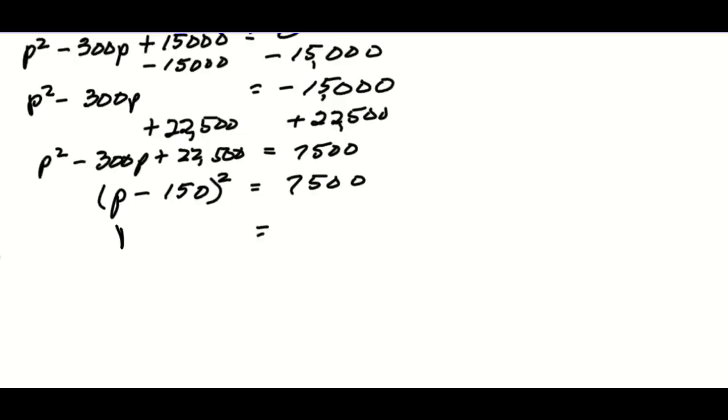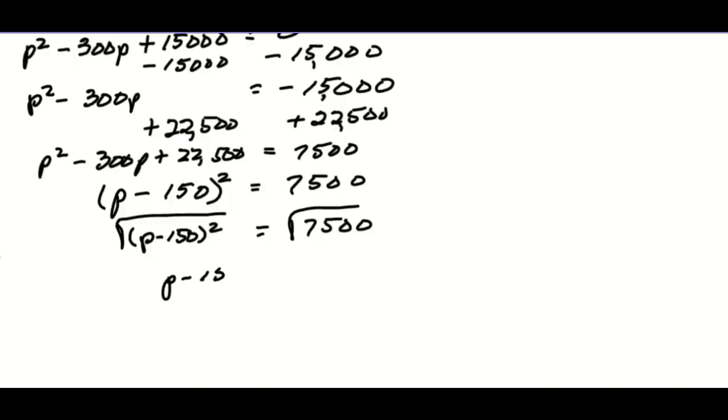This then, we take the square root of both sides, and we get p minus 150 equals the square root of 7,500. That turns out to be 86.60, taken out to two places. Just have to plug that in.